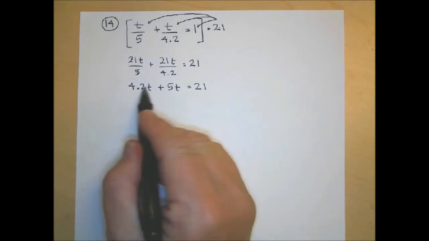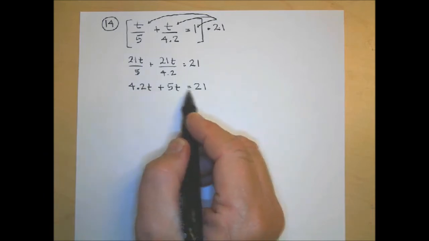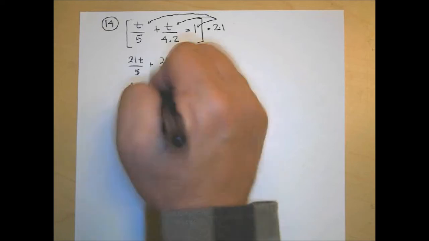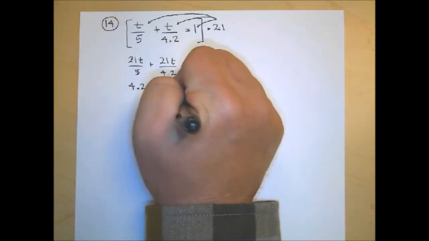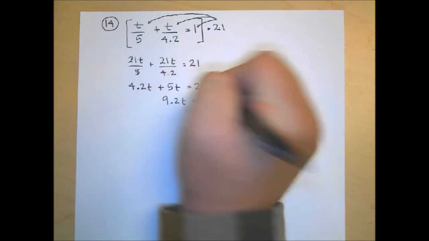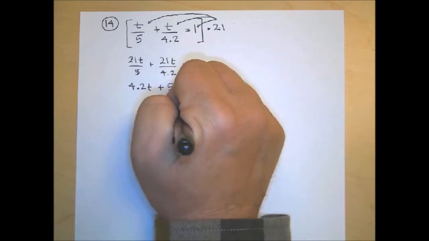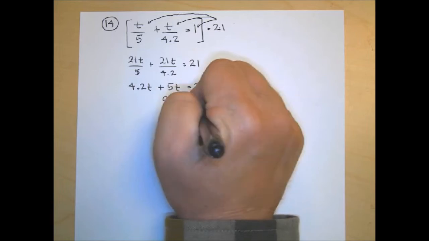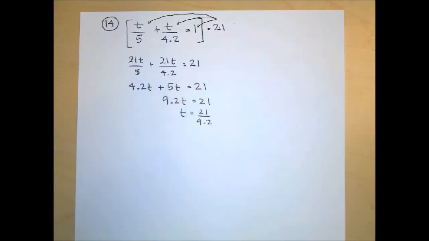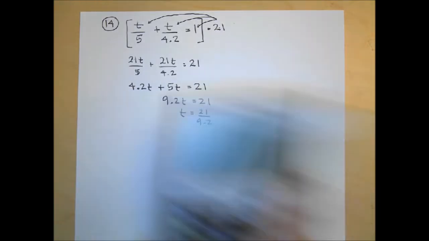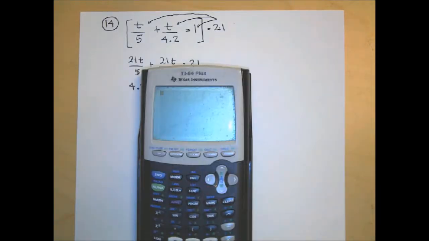So I have a pretty simple algebra equation at this point. 4.2t plus 5t is 9.2t equals 21. So I'm going to divide both sides by 9.2, so t would equal 21 over 9.2, which is approximately, because I think we go to the tenths, 21 divided by 9.2.